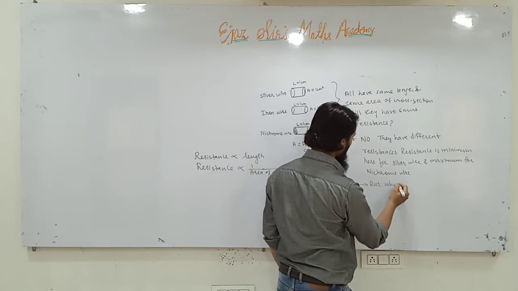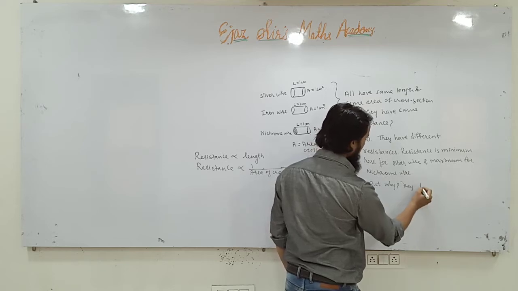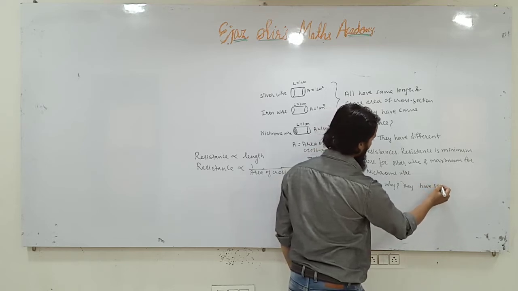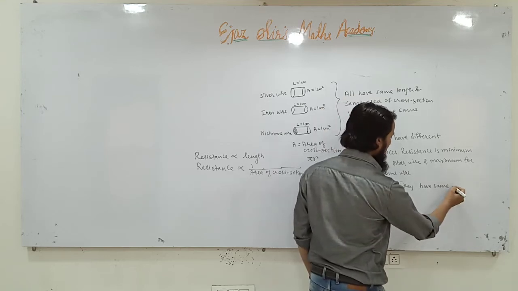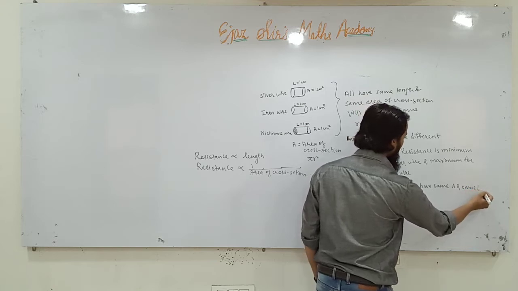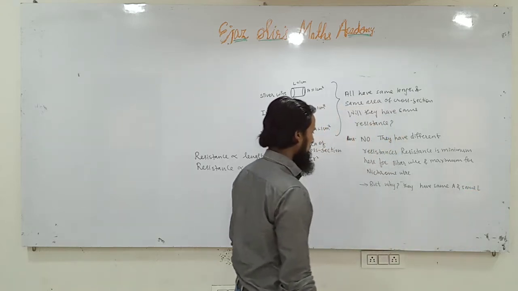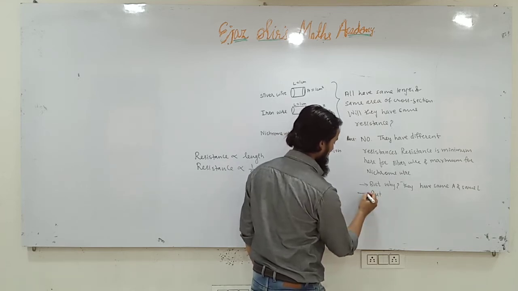But why? They have same area of cross section and same length. Why? But answer.